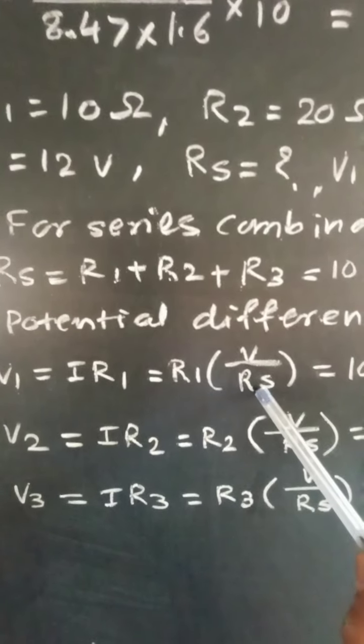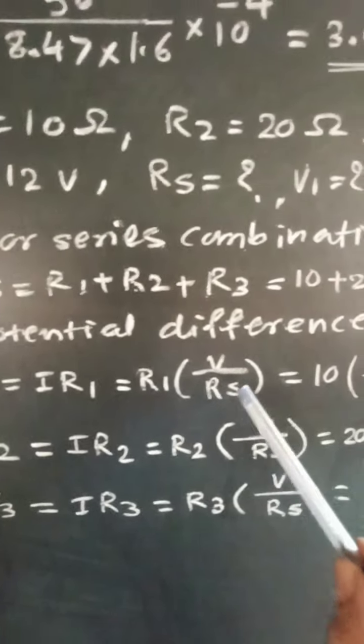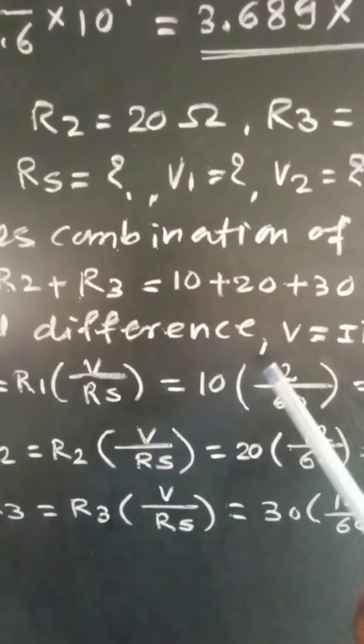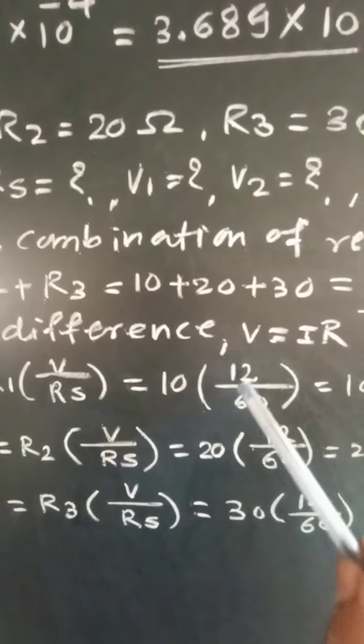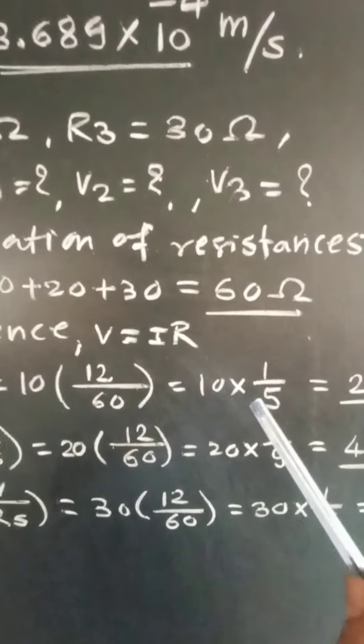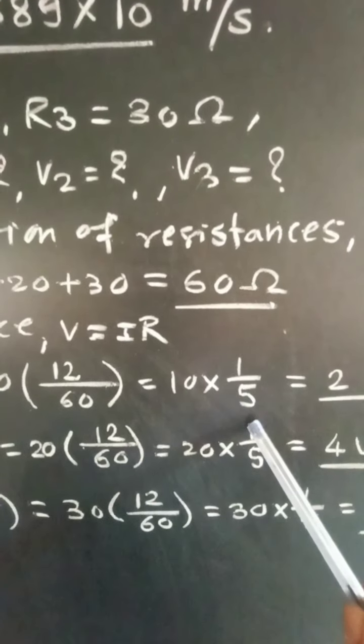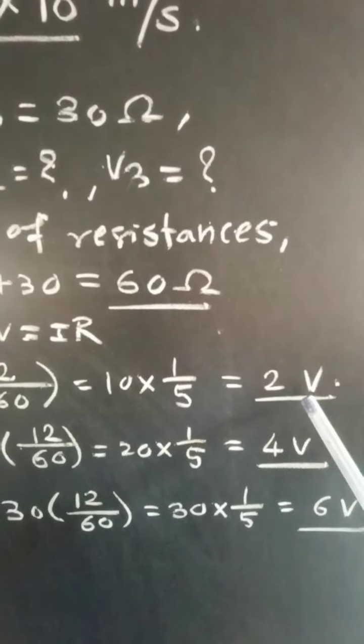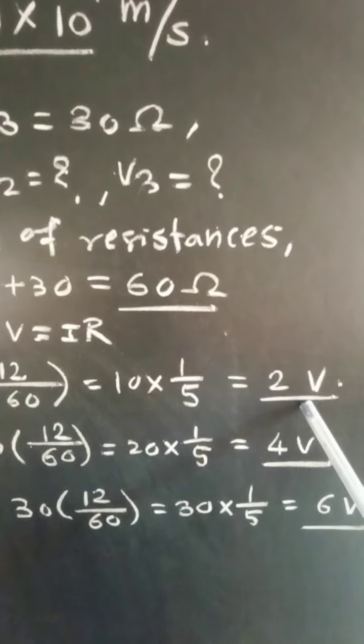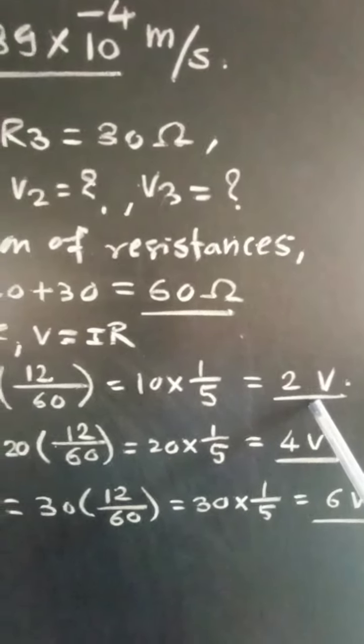This will be same for all the resistances, and therefore we can write 10 into 12 by 60, which comes out to be 10 into 1 by 5, that is equal to 2 volt. So this will be the potential difference across R1.